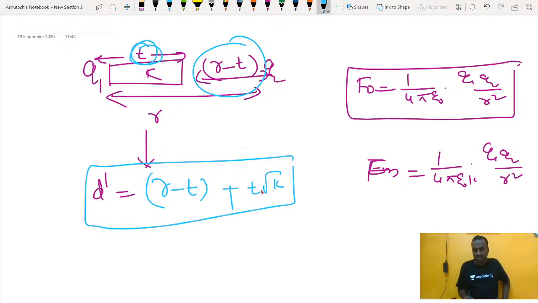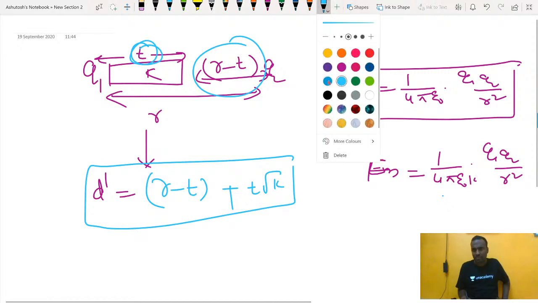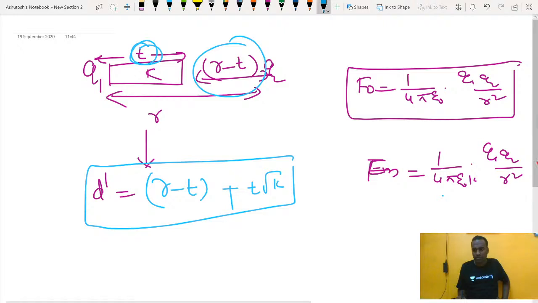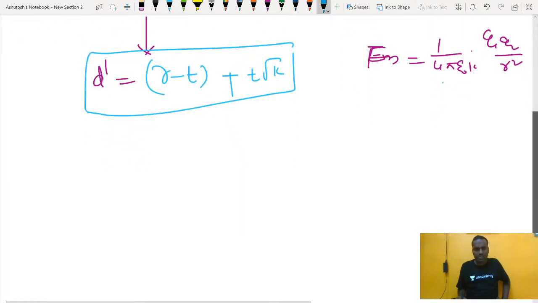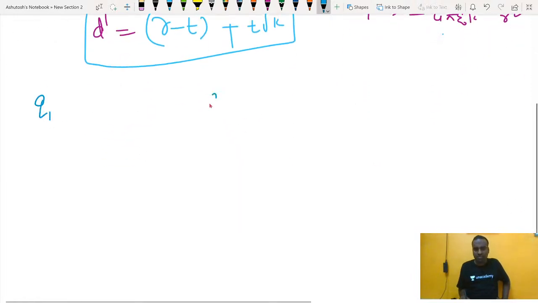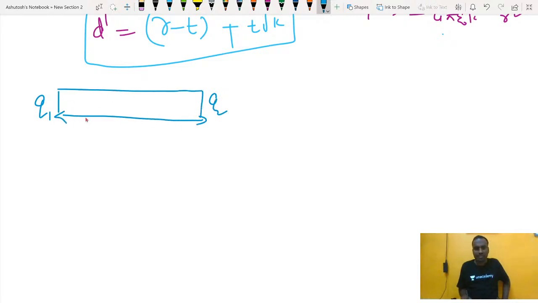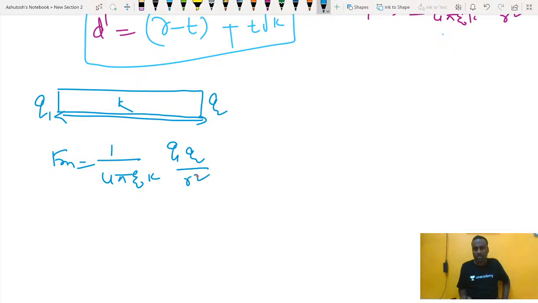So why should we write like this? Let me use basic mathematics for understanding. See here, students, when the two charges q1 and q2 are completely in a medium with dielectric constant k, the force with medium is 1 by 4 pi epsilon naught k q1 q2 by r square.